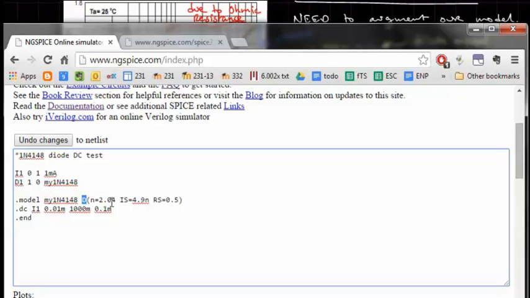The letter D tells Spice that this is a diode model, and then afterwards you put the various parameters that you want to specify. Spice knows about the Shockley equation. In fact, there are a lot of other parameters beyond this that you can specify, but they all take default values or zero values unless you specify them. So we're specifying N, IS, and RS.